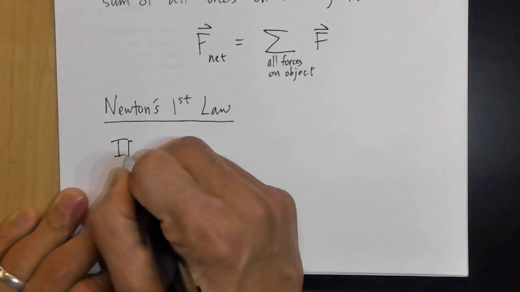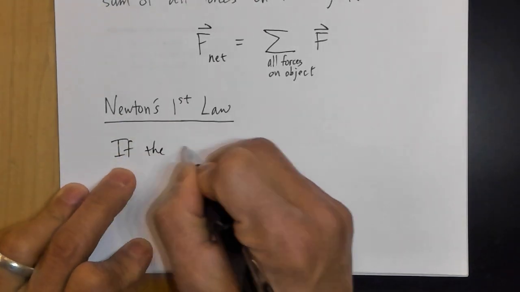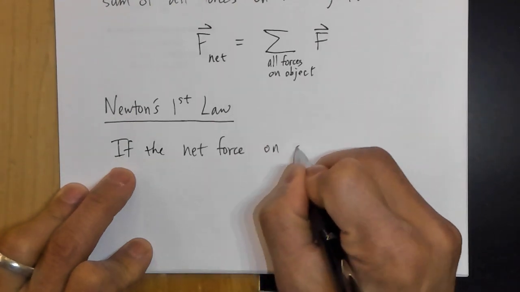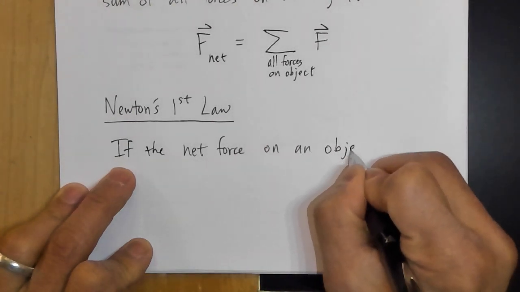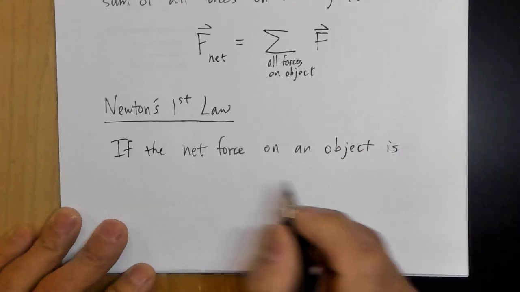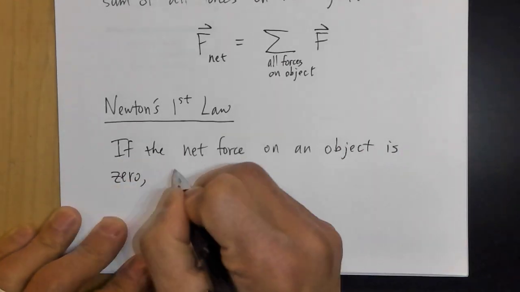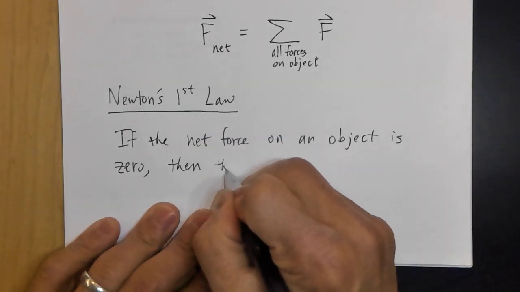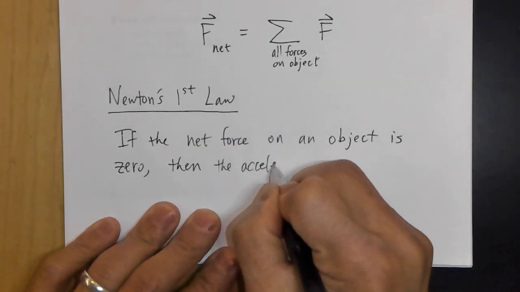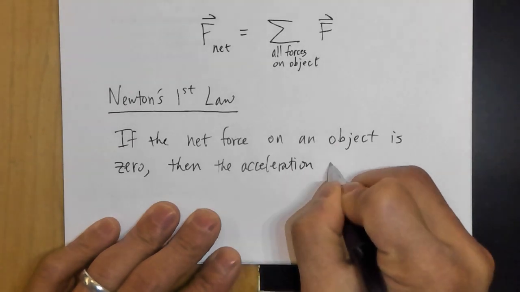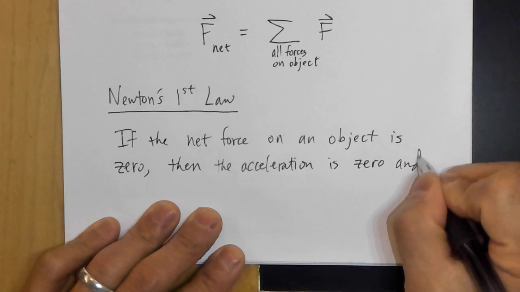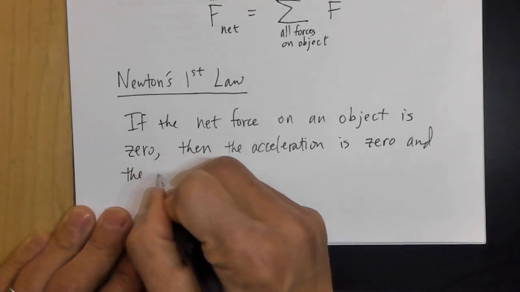So my statement is: if the net force on an object is 0, then the acceleration is 0, and the velocity is constant.